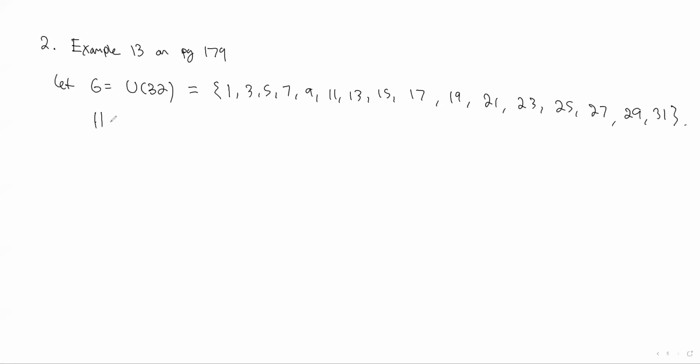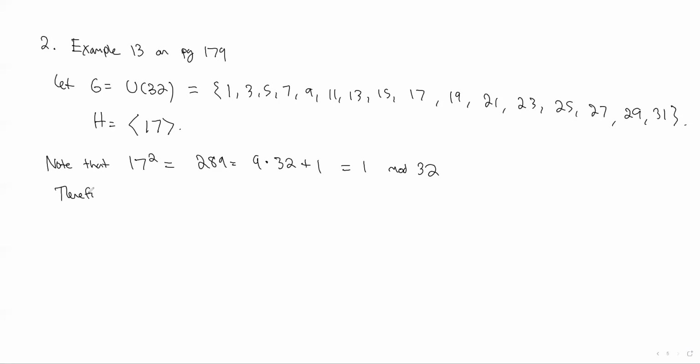And then H is the subgroup generated by 17. Note that 17 squared equals 289, which is 9 times 32 plus 1. So it's 1 mod 32. Therefore, H is just {1, 17}, right?